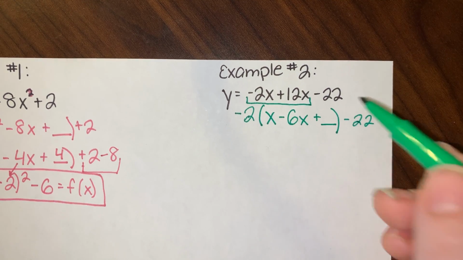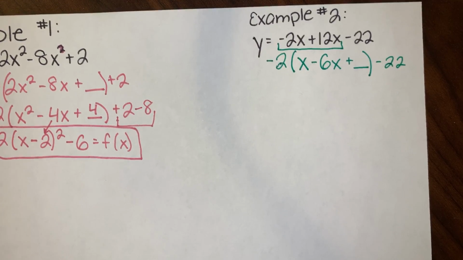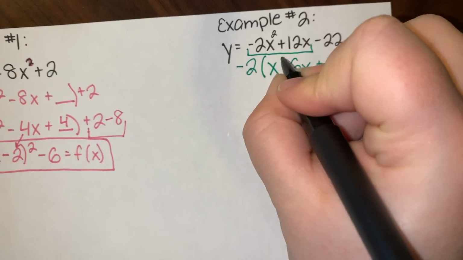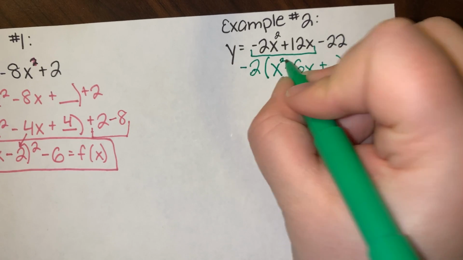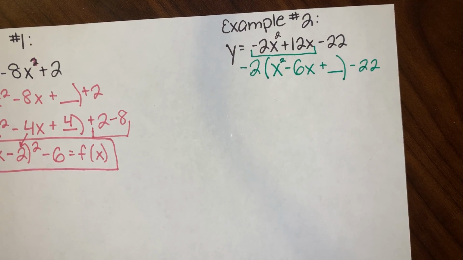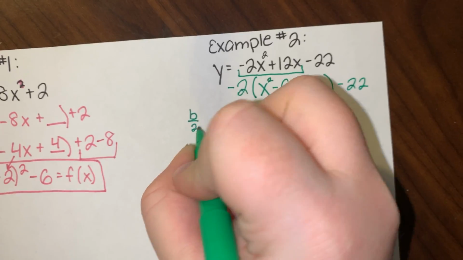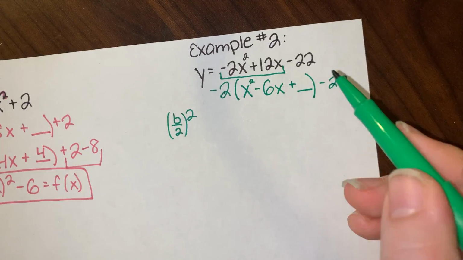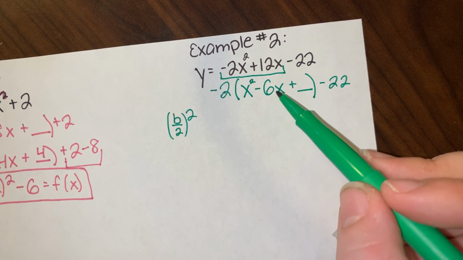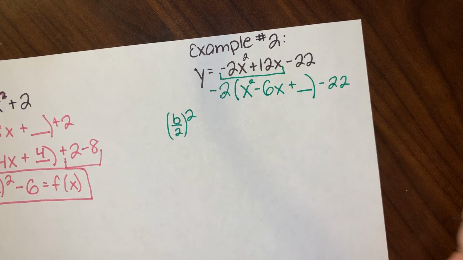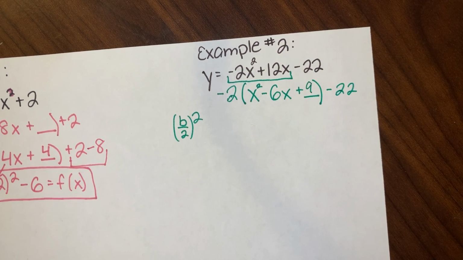So now I have to find my c value. Teachers make mistakes too. All right, now I need to complete the square. Again, to find my c value, I do b divided by 2 squared. -6 is my b value, so -6 divided by 2 is -3. -3 squared, -3 times -3, is +9.